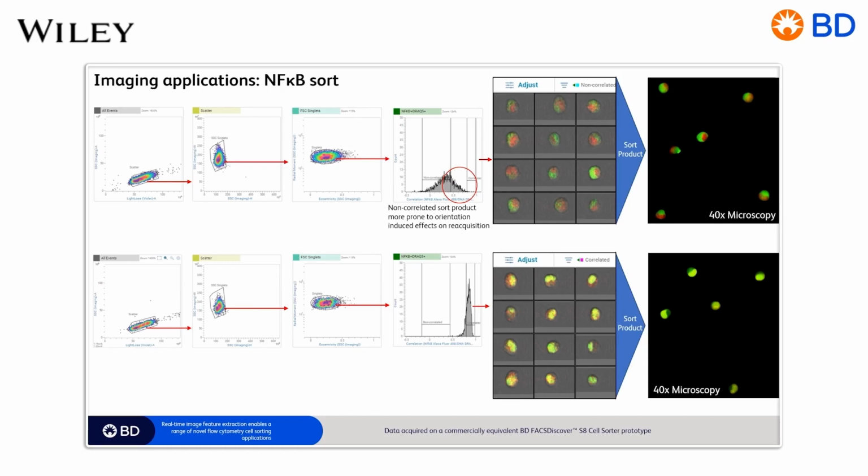And it's not that the instrument is not sorting properly or that things are drifting out of your gates. I think in flow cytometry we're used to sort products drifting out of gates due to some MFI drop that you see on repeated acquisition. But this is something a little bit different, and you really need to understand your biology going into this.